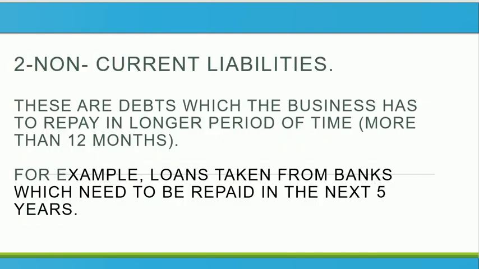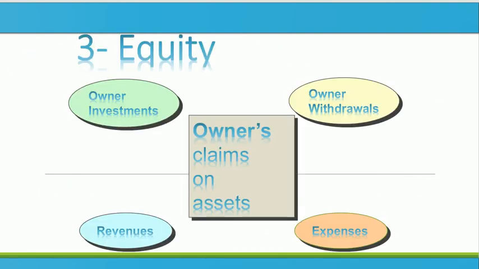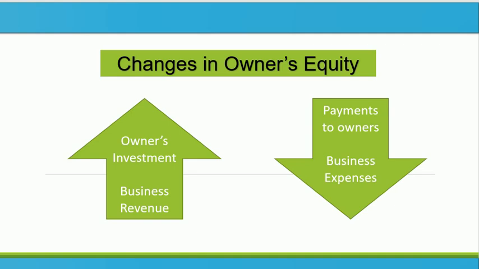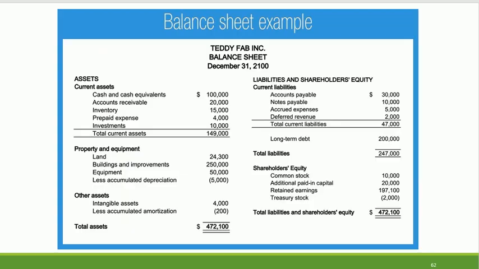We talked about owner's equity or capital, and what is part of it. We discussed that if the owner's investment increases in the business, it gives a very good revenue to the business. And if a lot of payments are made to the owners, it increases the expenses of the business, which means we are not going in the right direction.